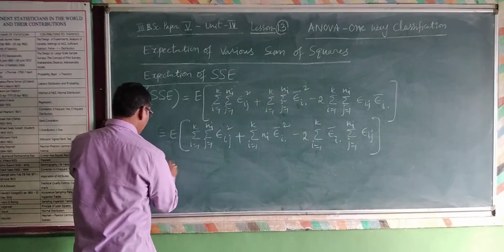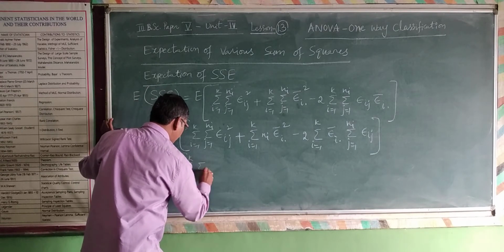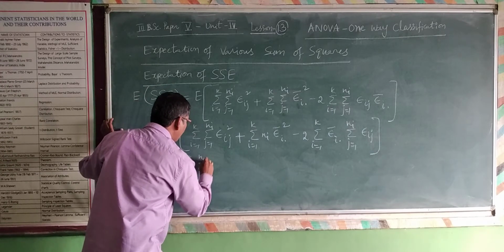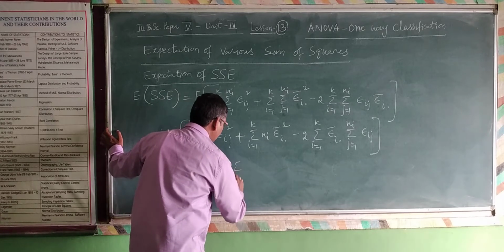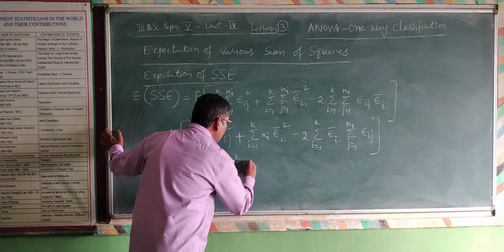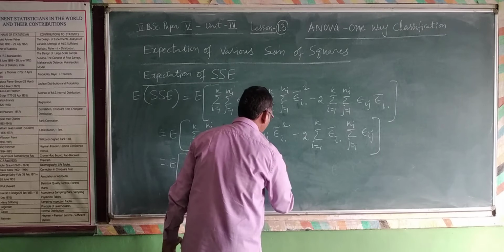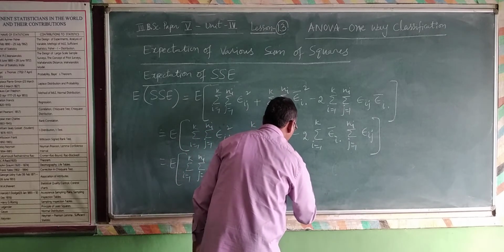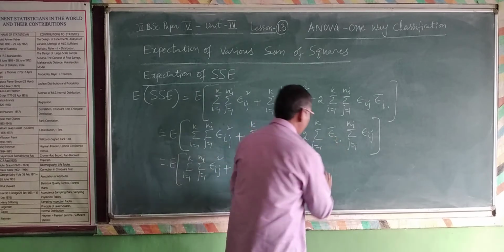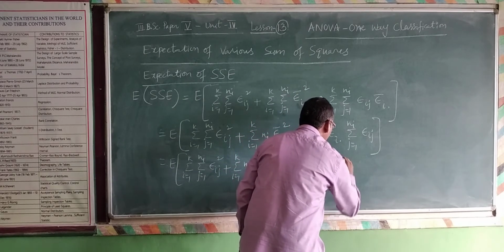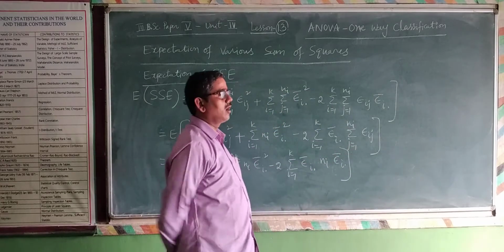So it's equivalent to the expectation of summation i equal to 1 to k, summation j equal to 1 to ni epsilon ij square, plus summation i equal to 1 to k ni into epsilon bar i dot square, minus 2 into summation i equal to 1 to k epsilon bar i dot into ni into epsilon bar i dot.